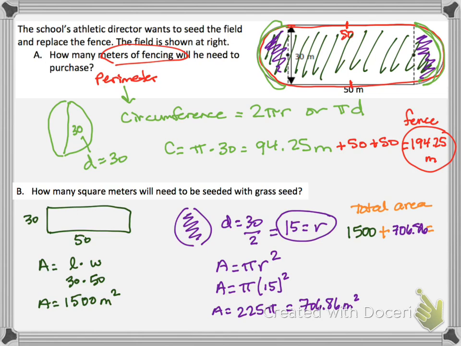So my grand total is 1,500 plus 706.86, which is 2206.86 meters squared, and that is going to be my grass seed.